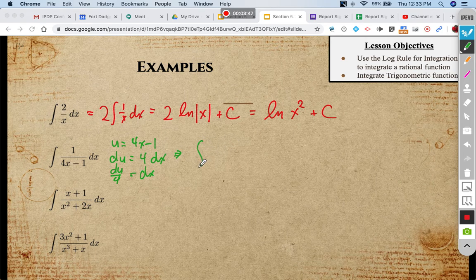But now we can take this as the integral of 1 over u times du over 4, or 1/4 the integral of 1 over u du, which is 1/4 the natural log of the absolute value of u, which is 4x minus 1.